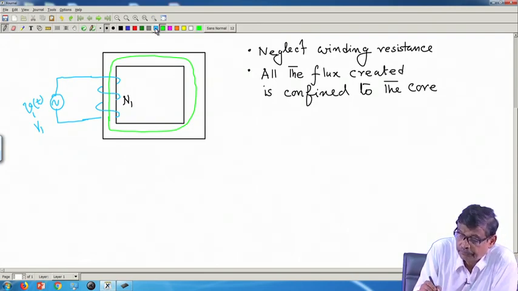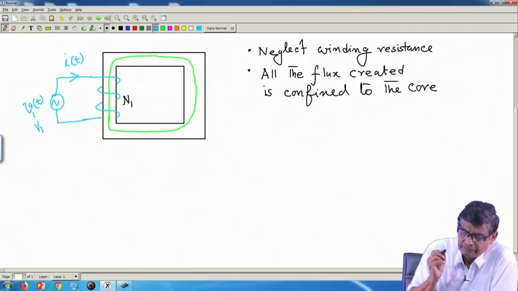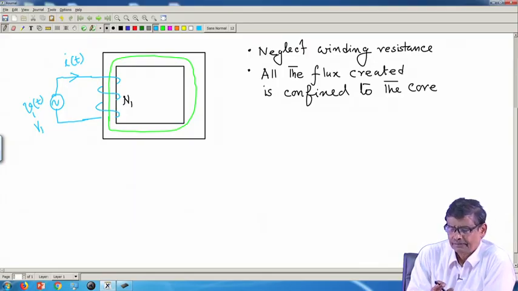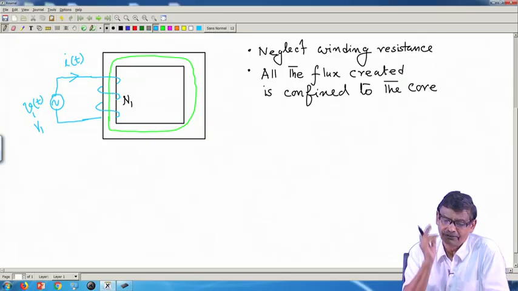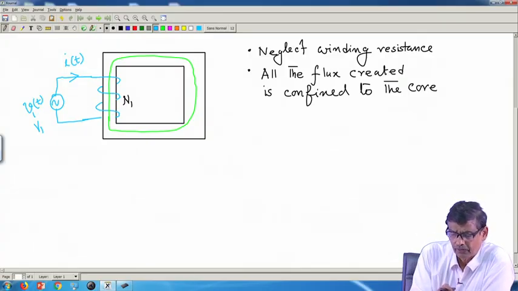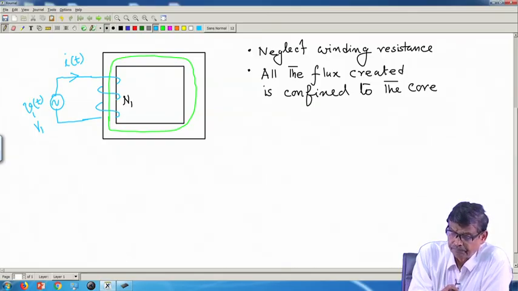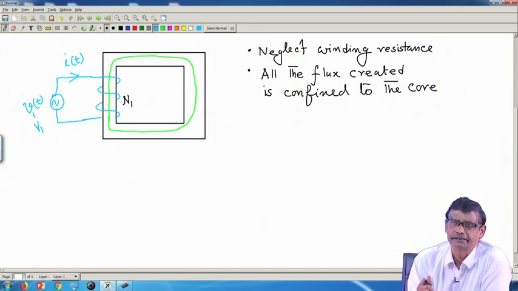Let us also assume the instantaneous current is i(t). So, with the winding resistance neglected, without thinking too much about it, I can only say this much. Look, there is a coil having no resistance, and therefore this coil will act as an ideal inductor, and it will draw some current lagging by 90 degrees.